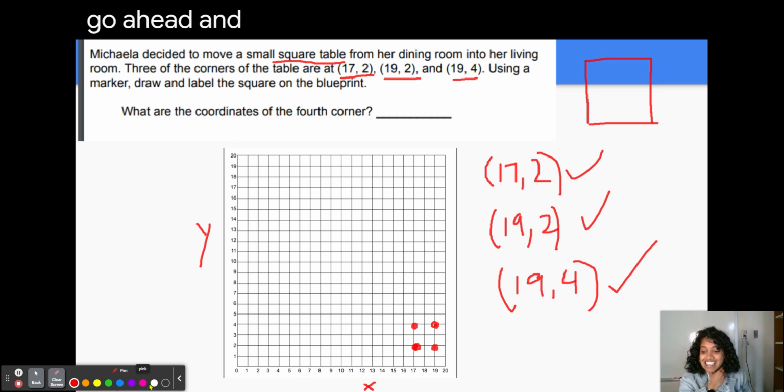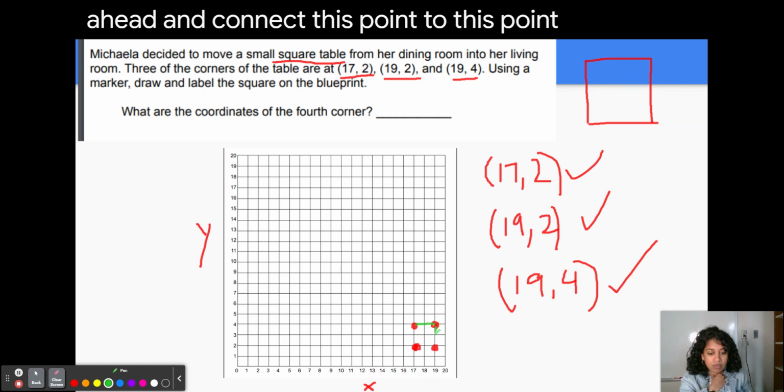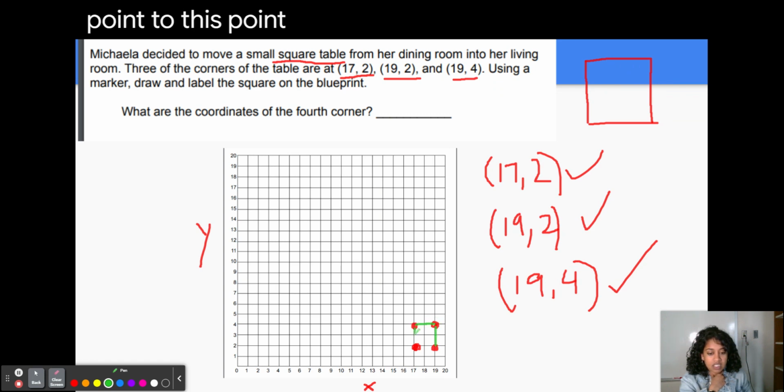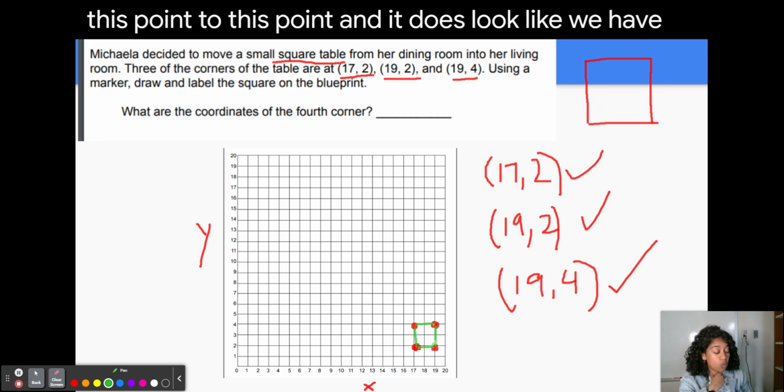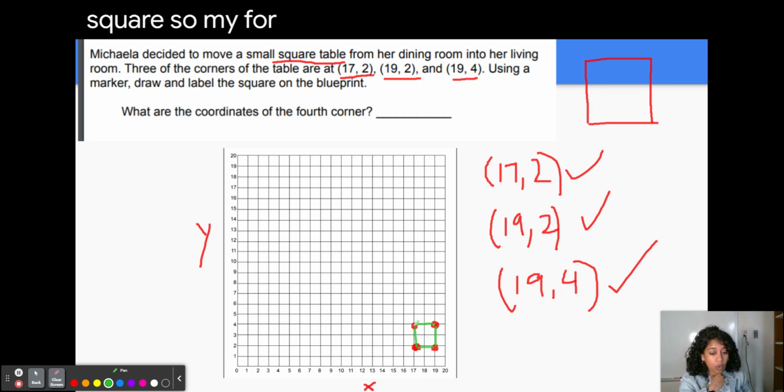I'm going to connect my lines together to make sure that it looks like a square. If I connect this point to this point, and this point to this point, this point to this point, and this point to this point, it does look like we have a square. So my fourth point is going to be this point right over here.